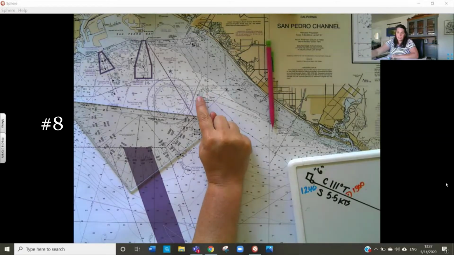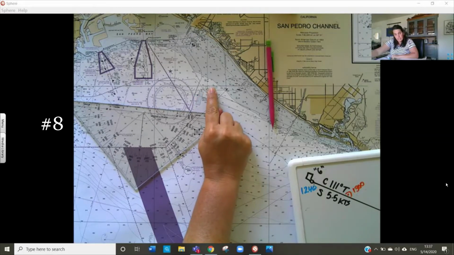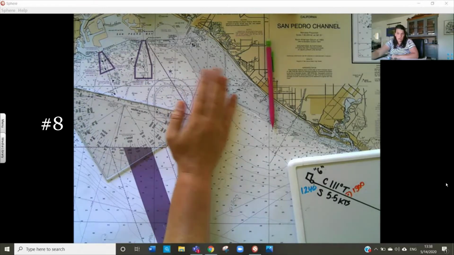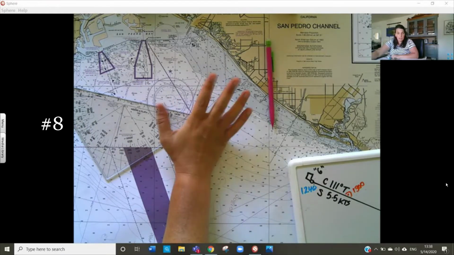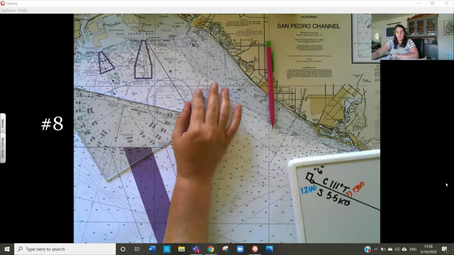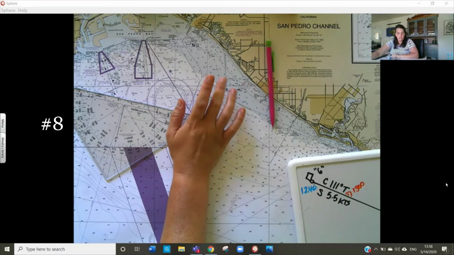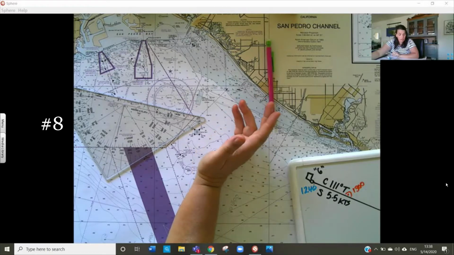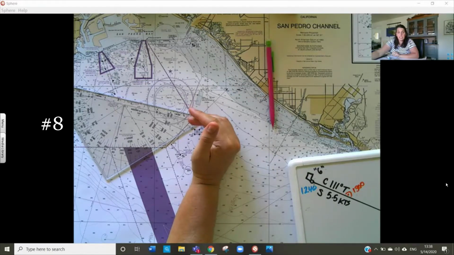So we thought we'd end up here, but we ended up here. That means we are drifting closer to shore. So we might want to be concerned, or not concerned, but aware of the fact that we are drifting closer to shore. So, are you to the left or right of track, or off track? Yes, and we are to the left of track.